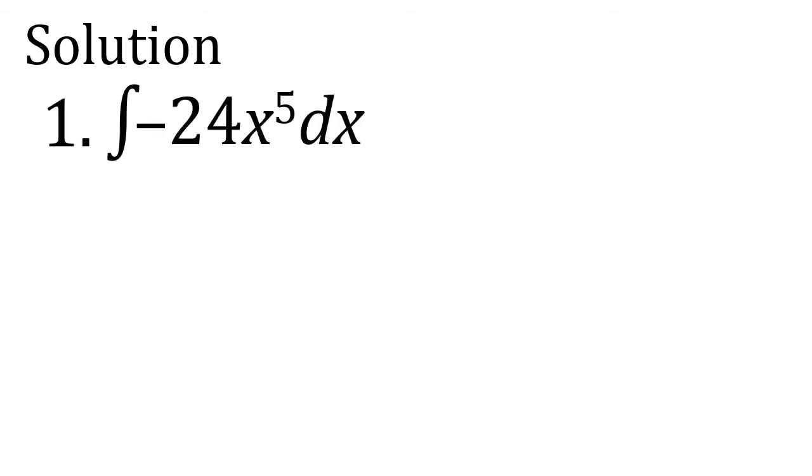Number 1, the integral of negative 24x to the fifth dx. I'll be giving you 30 seconds to solve this. You may pause this video for you to have more time in solving this example.